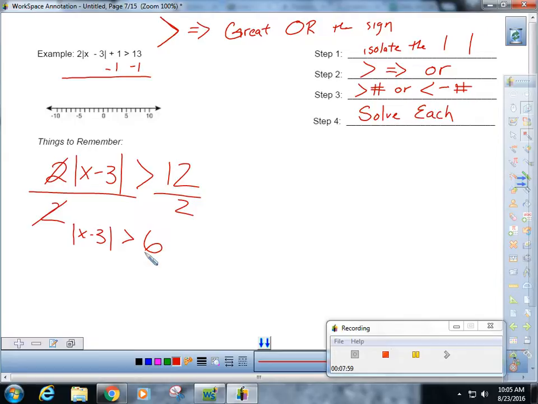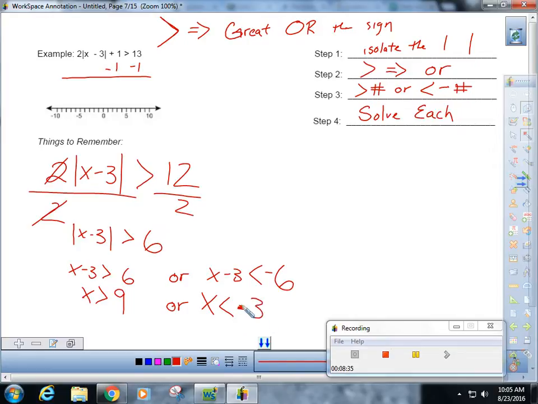Well, now we've got it isolated. Okay? So we have to say that x minus 3 is greater than 6, or x minus 3 is less than negative 6. So we flip the sign of the inequality and change the sign of the number. Add 3 to both sides, we get x is bigger than 9, or add 3 to both sides, x is less than negative 3.